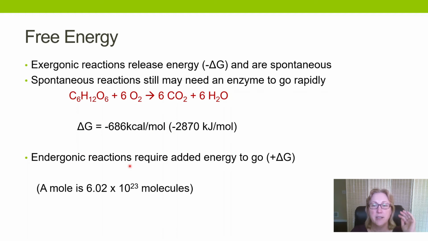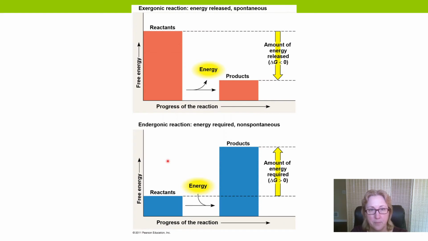Endergonic reactions, things that we have to add energy to because they have low energy at the beginning and high energy at the end, are going to have a positive delta G. That energy had to come from somewhere. If we have a high amount of energy at the end, where did the energy come from? We have to add it to that particular reaction. Sometimes we add it using ATP, and I'll show you an example of that.